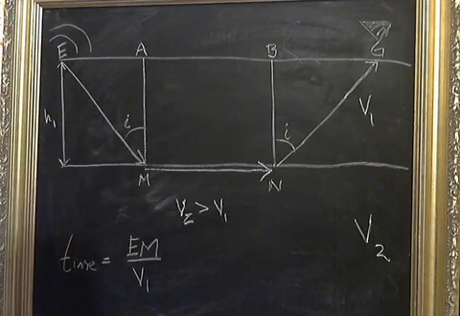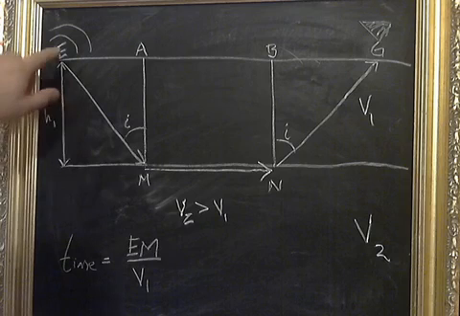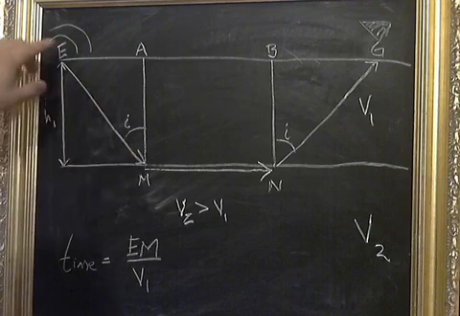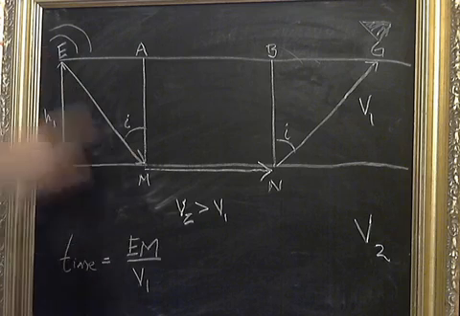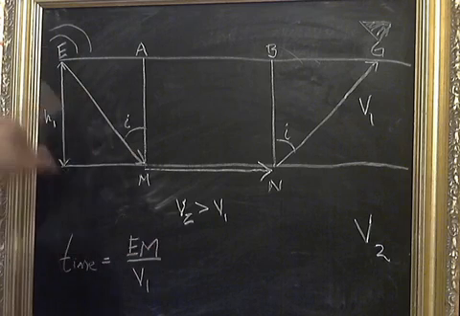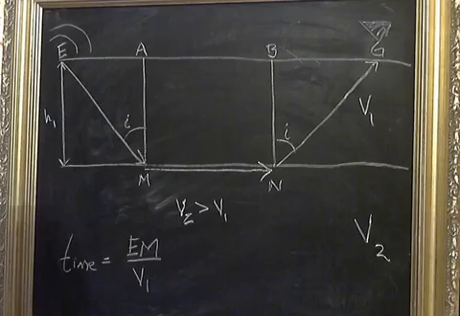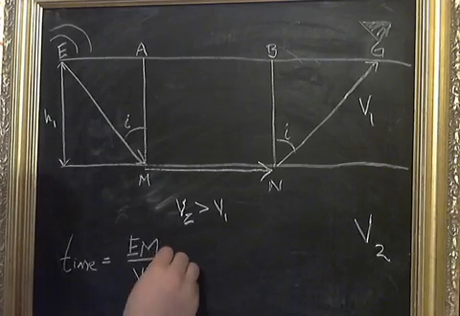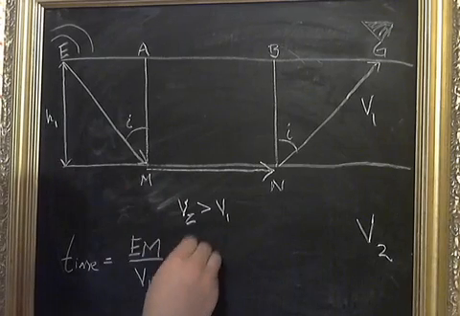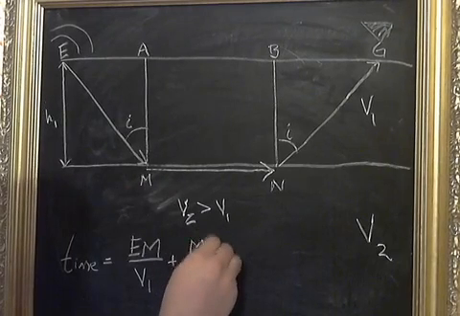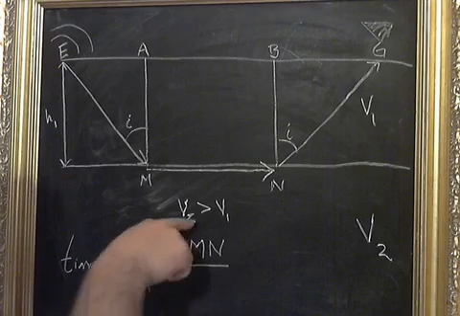I need to know the time for each component. The time from E to M is going to be the distance EM divided by the velocity I'll be traveling, V1 in this case, plus this component, MN, divided by, in this case, velocity 2.